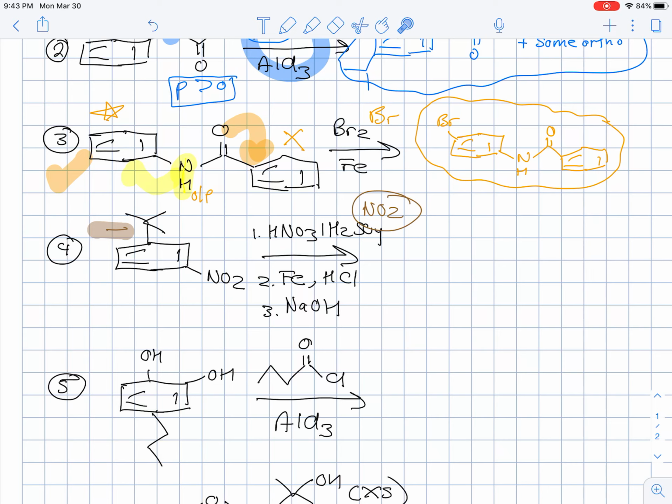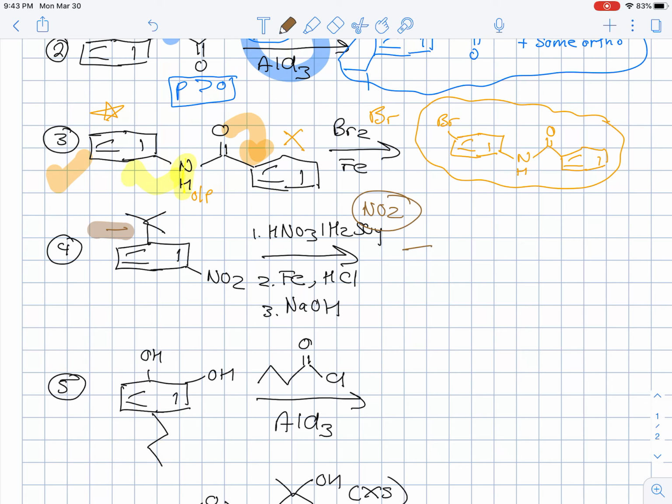And so again, our options would be to put the incoming nitro group either here, not too likely with that bulky tert-butyl group. This would be the better choice. This is para to the bulky tert-butyl group. And yes, unfortunately, it's ortho to the quote-unquote meta director, but again, the tert-butyl group rules here.